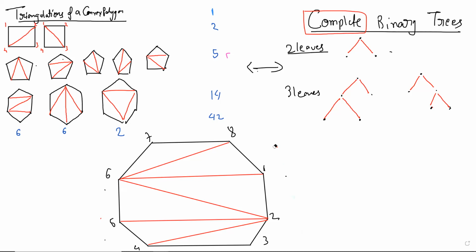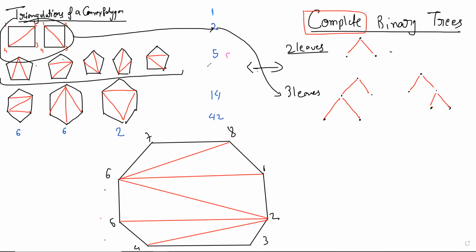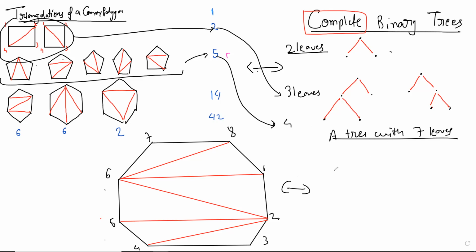We are going to make a tree with 7 leaves from here, because as you saw, the quadrilateral case was matching with this, and this was matching with 3 leaves, right? Similarly, the pentagon, whose answer was 5, was matching with 4 leaves. So just by analogy, by pattern, this matches with a tree with 7 leaves, right?